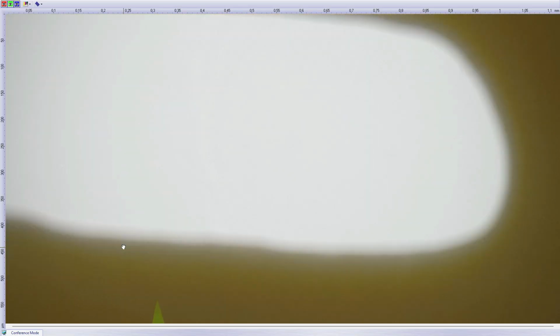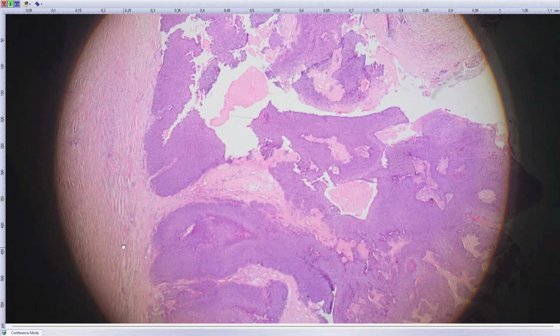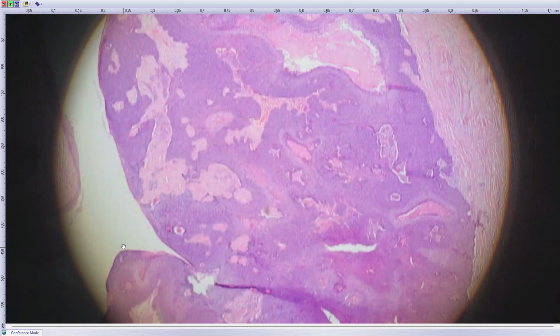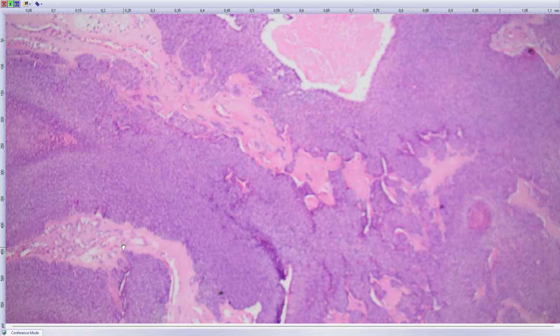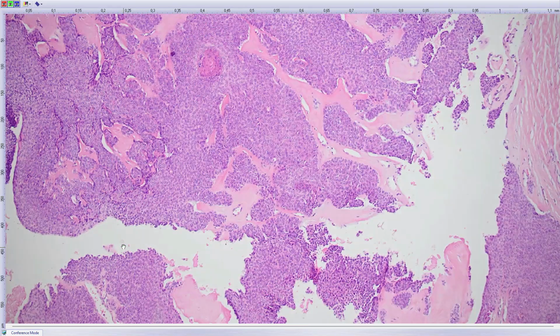Now here, you just got it on my table. It is a tumor of the skin. It's a simple diagnosis. It can be diagnosed even from the H&E slide, but you can help yourself very nicely with immunohistochemistry.